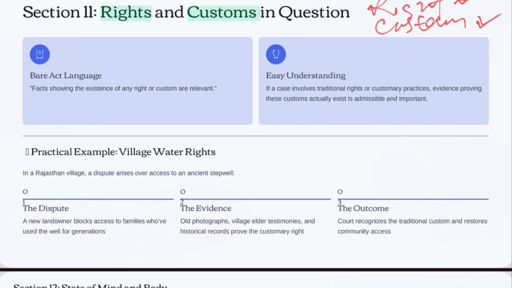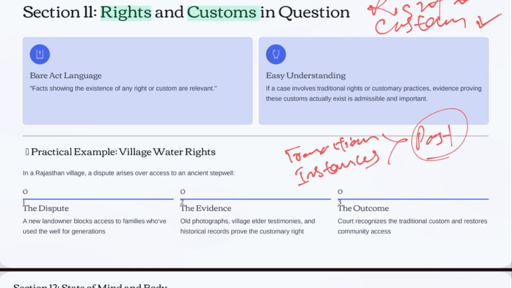So how is a right or custom proved? Any past transaction or any particular instances in the past, the evidences of those transactions and instances are relevant.